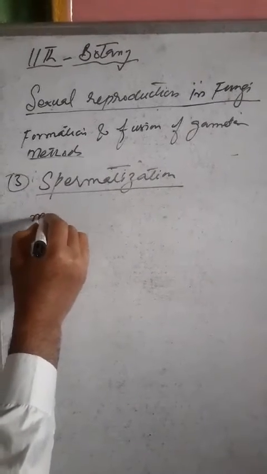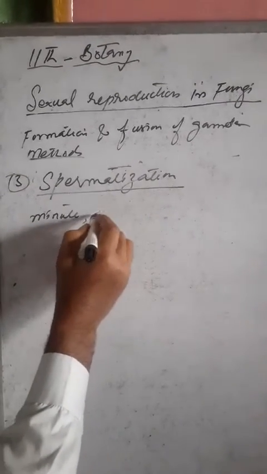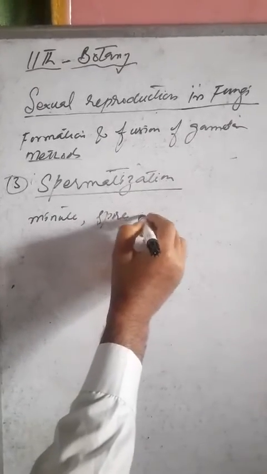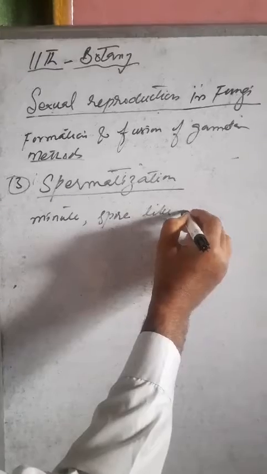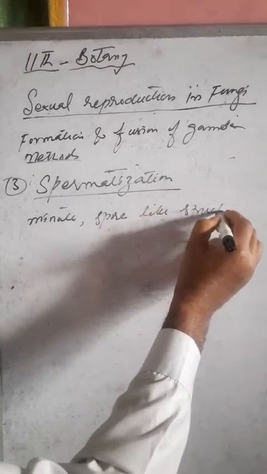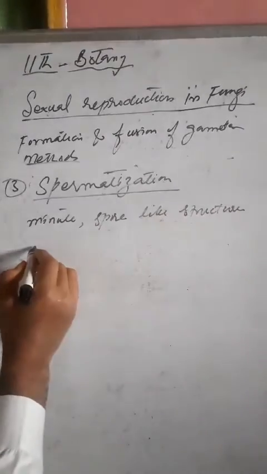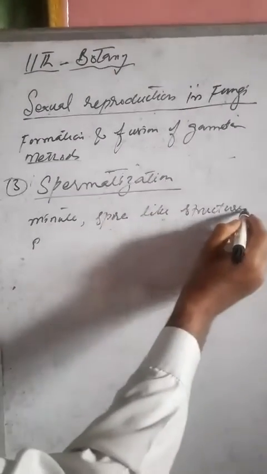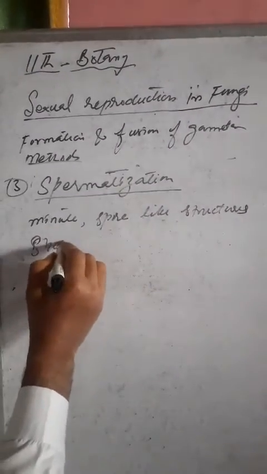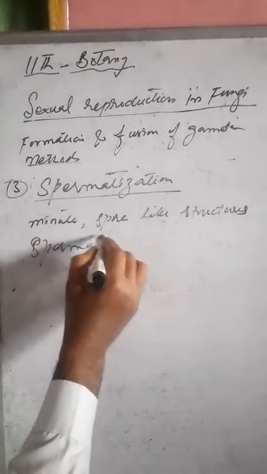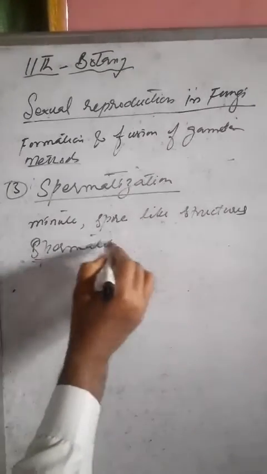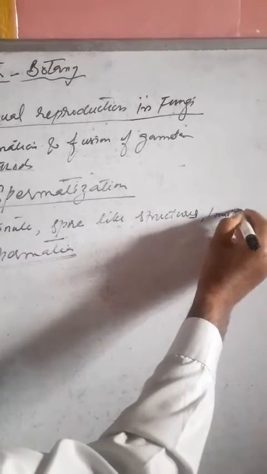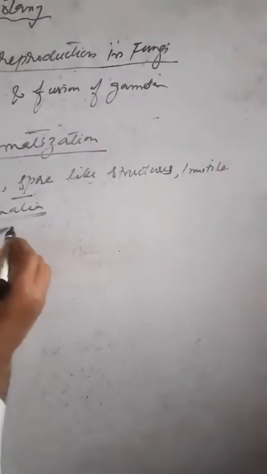Minute spore-like structures are formed, what we call the spermatia. These are formed, and these are non-motile.